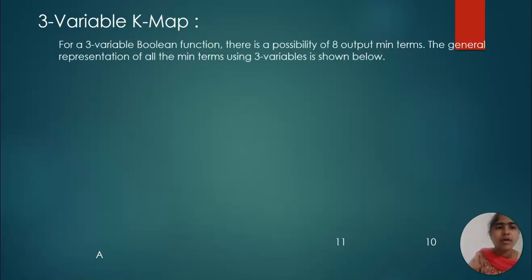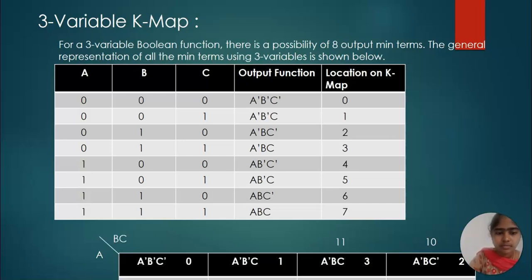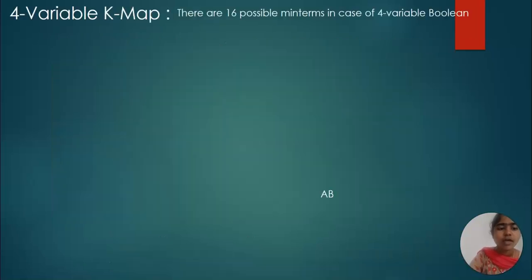Three variable K-map. For a three variable K-map, there is a possibility of 8 output minterms. The general representation of all minterms using three variables is shown below. Here, in two variables there are inputs A and B. Here one extra input is added, like A, B and C. Four variable K-map.